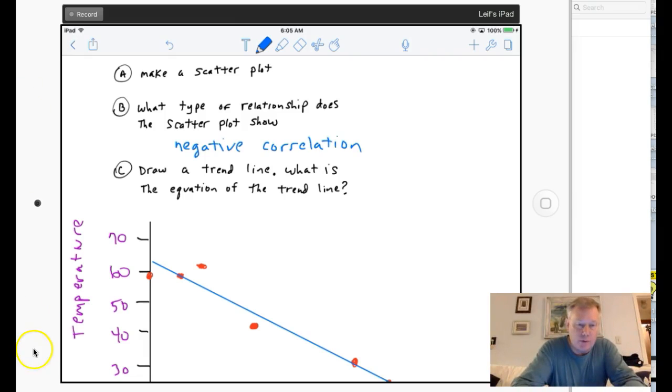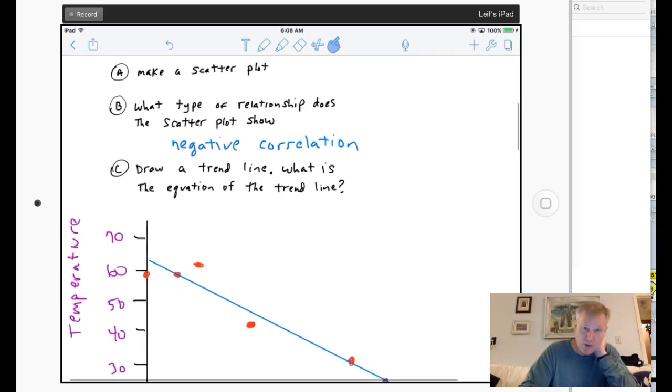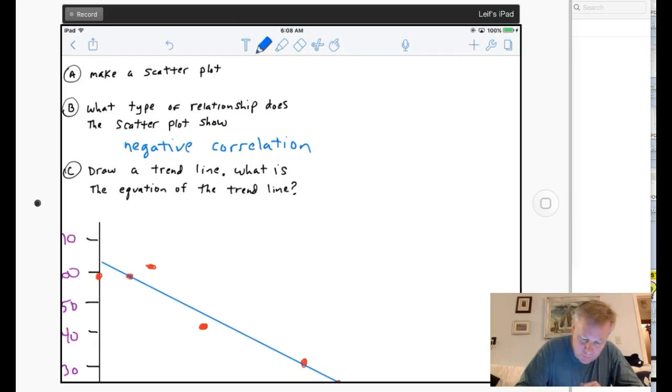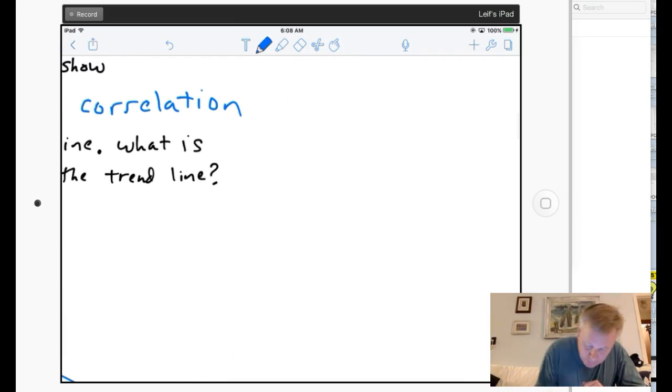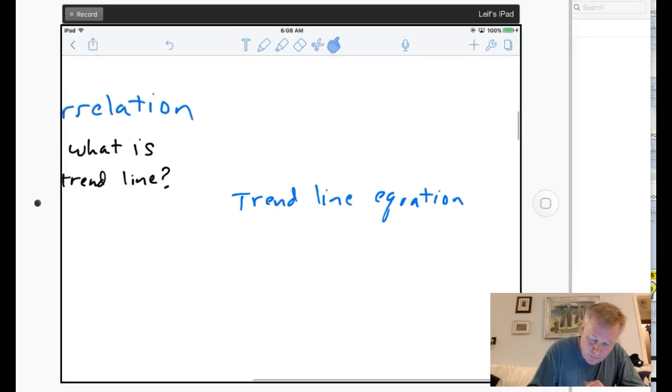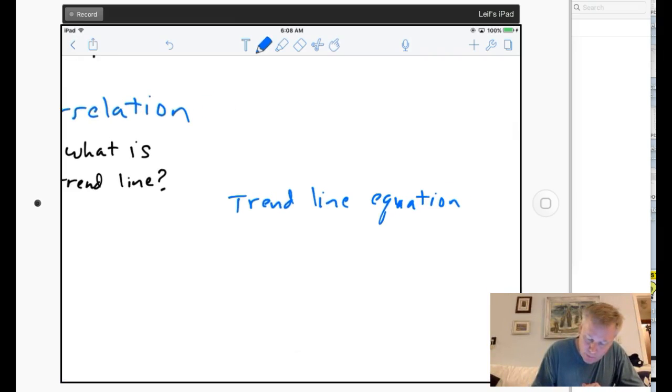And next I'm going to come up with the equation for the trend line. Okay, so the equation of the trend line. So we already know that with any line, I need two things.